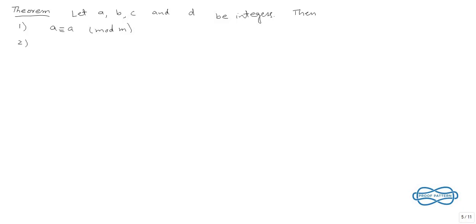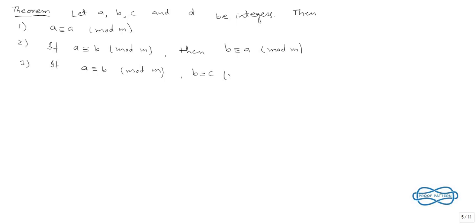Second is, if A is congruent to B mod m, then B is congruent to A mod m. And third is, if A is congruent to B mod m and B is congruent to C mod m, then A is congruent to C mod m.